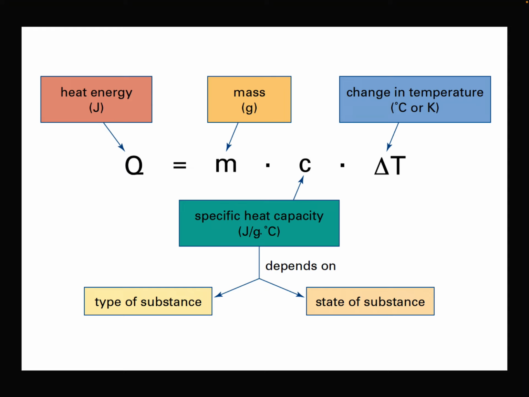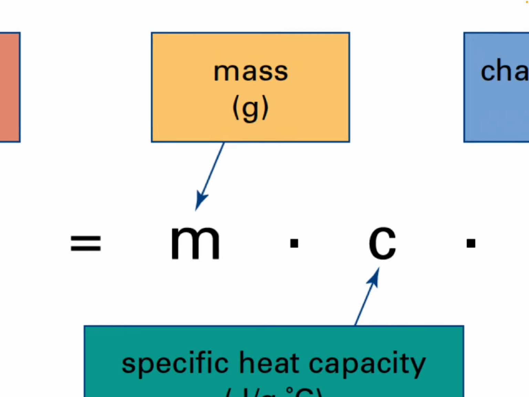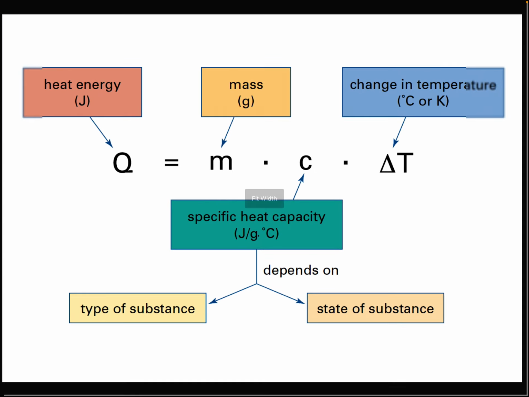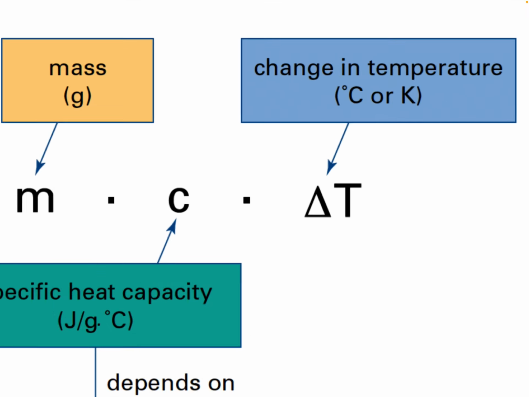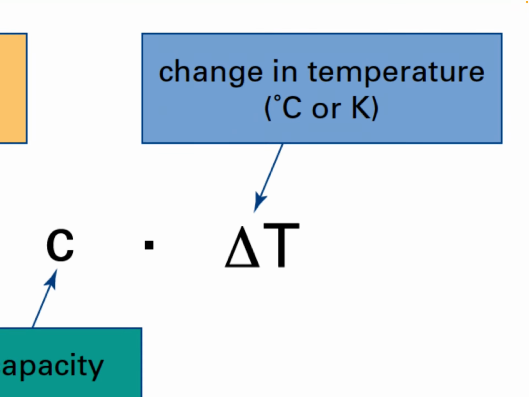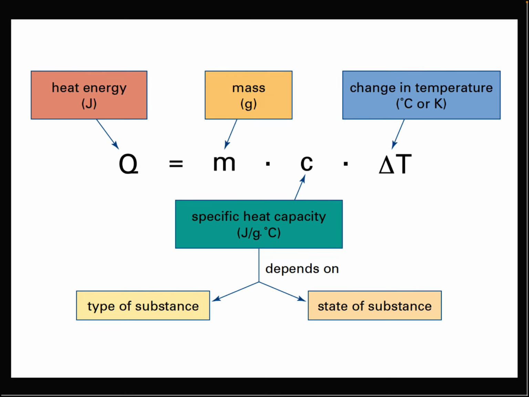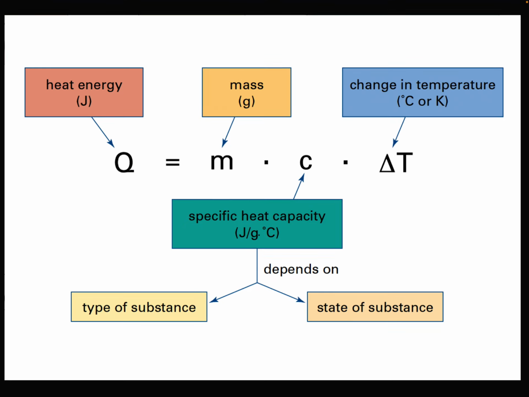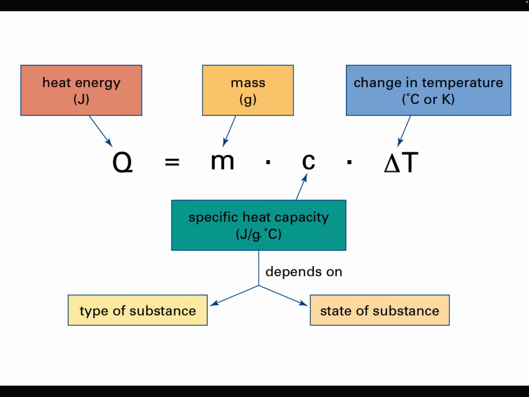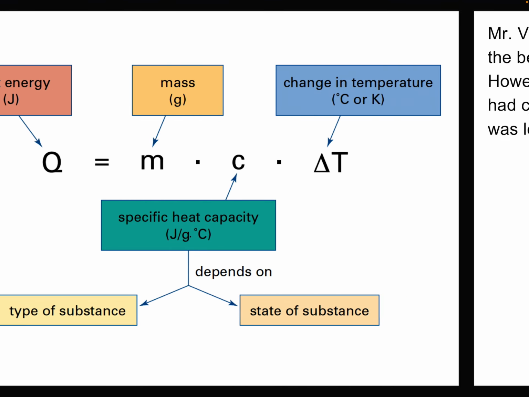Note that our units are given here for all of our variables, which is handy information. Also note that our change in temperature could be in degrees Celsius or Kelvin. They are equivalent. So a change of 1 Kelvin is equal to a change of 1 degree Celsius.